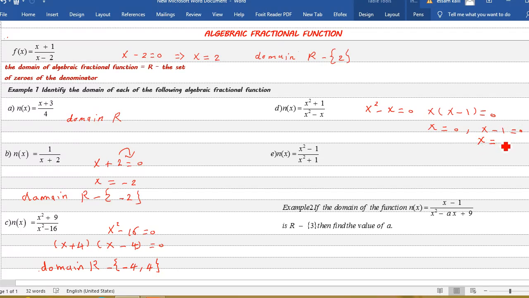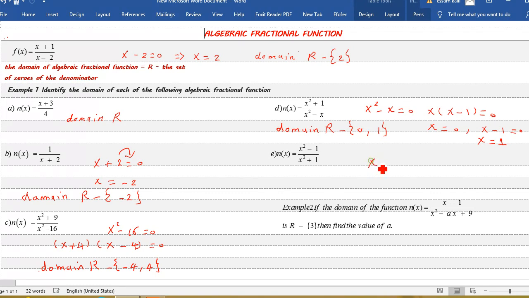Move 1 another side. يبقى become 1. يبقى then the domain equal R different the zeros of the denominator, 0, 1.